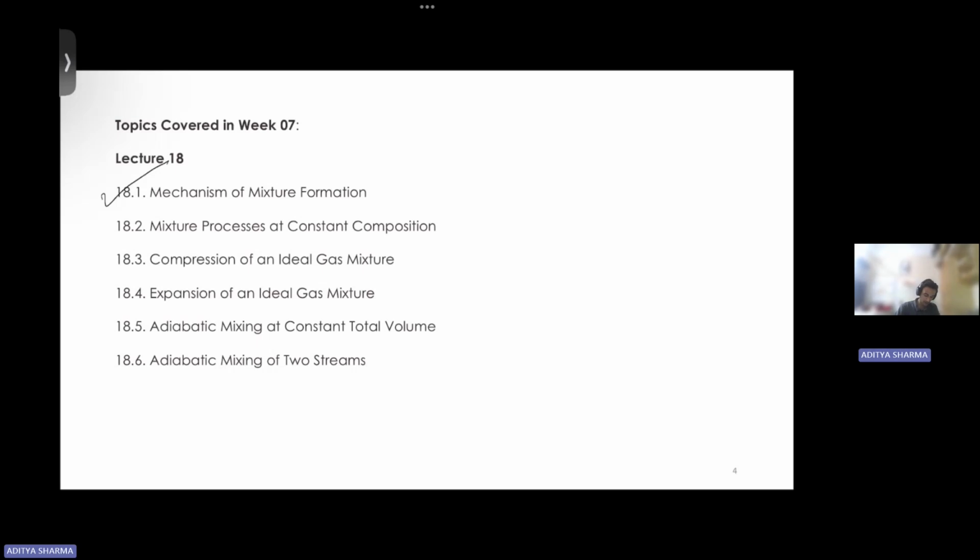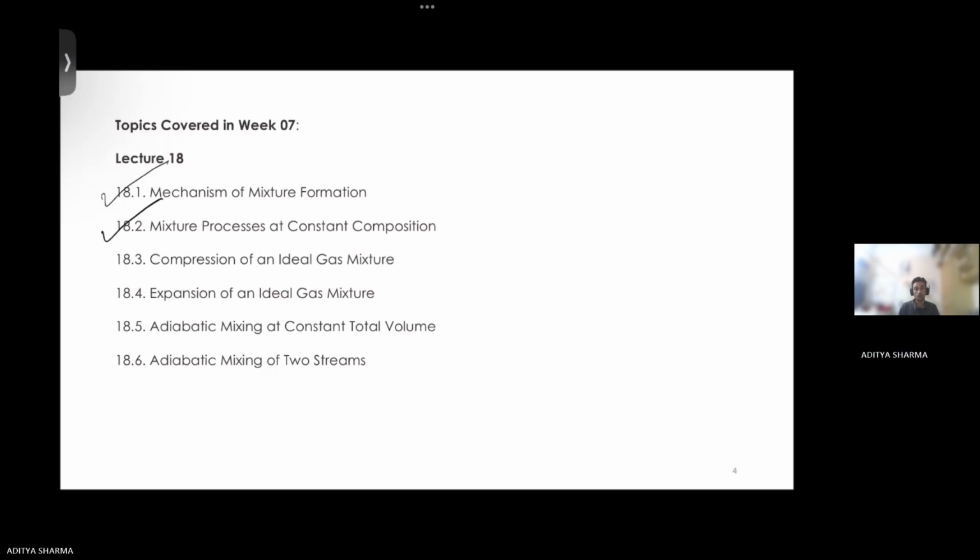Then second topic is mixture processes at constant composition. So in this case, what we do is we have a mixture in which the composition of this mixture, in terms of the different components it has, remains the same.